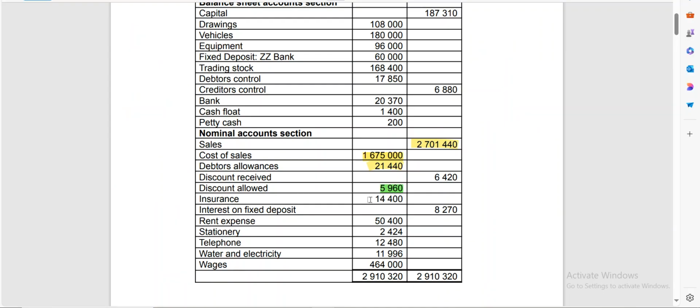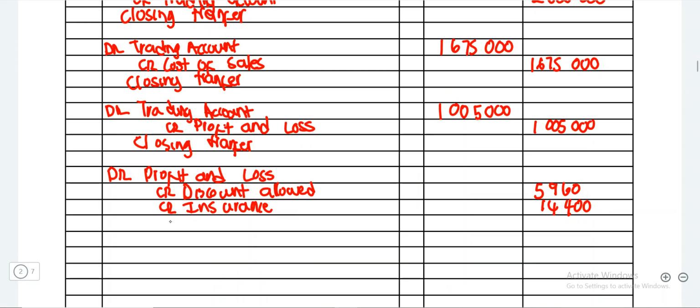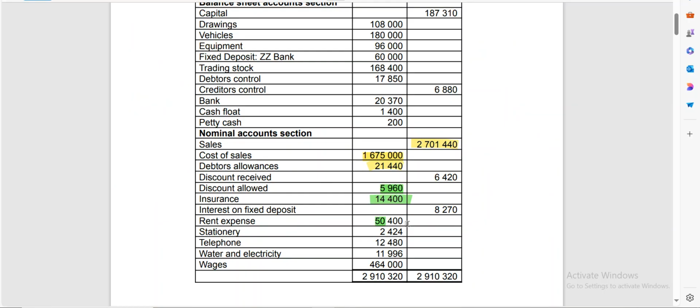We have rent expense, 50,400. So I'm also going to credit rent expense, and then the amount is 50,400. And then the next account that we are going to have, that we are going to credit, another expense that we are going to have, we are going to say stationery, 2,424.